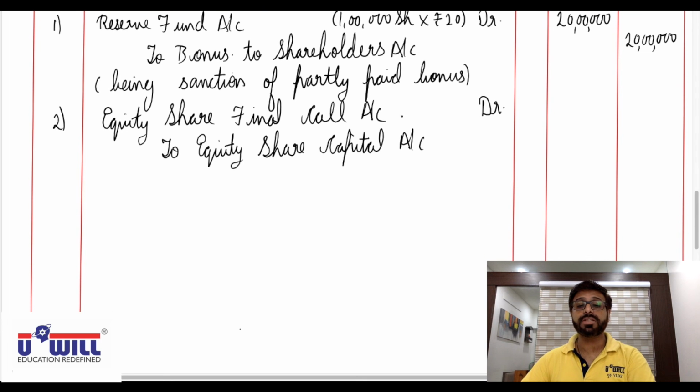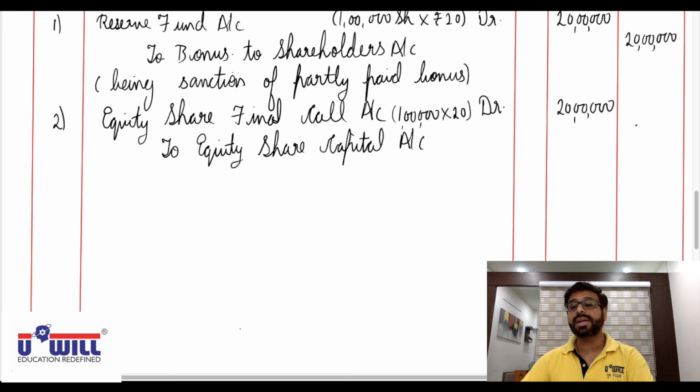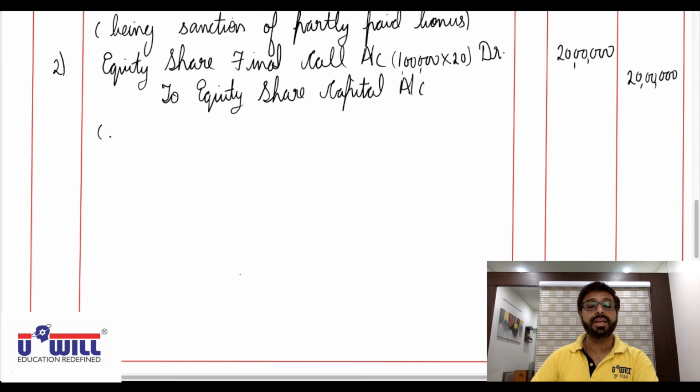Now again same, how much final call is going to become due? 1 lakh shares into 20 rupees, 20 lakhs. Amount will remain same in all the three entries always. So 20 lakhs. Being final call money due.